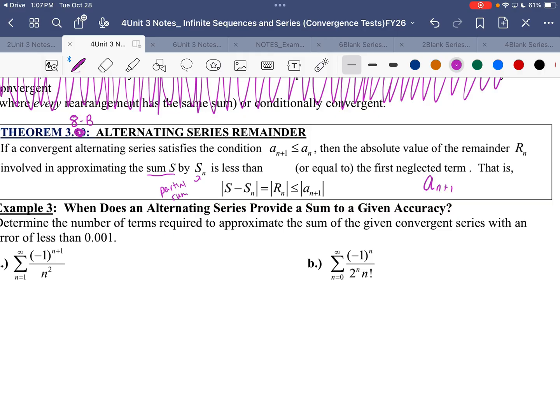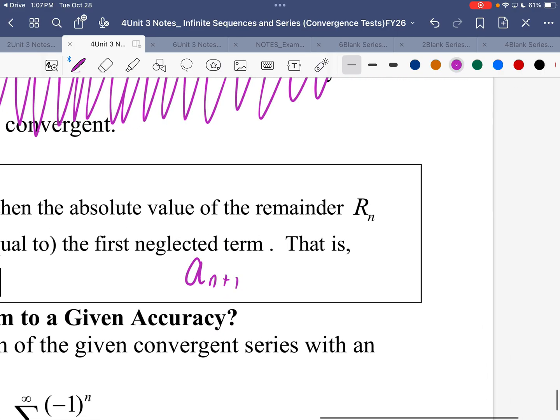Remainders are often also called errors. So how close to being accurate to the actual sum were you? You might have to add on this remainder or error to make it actually equal the sum. You might see it with a capital E sometimes too.